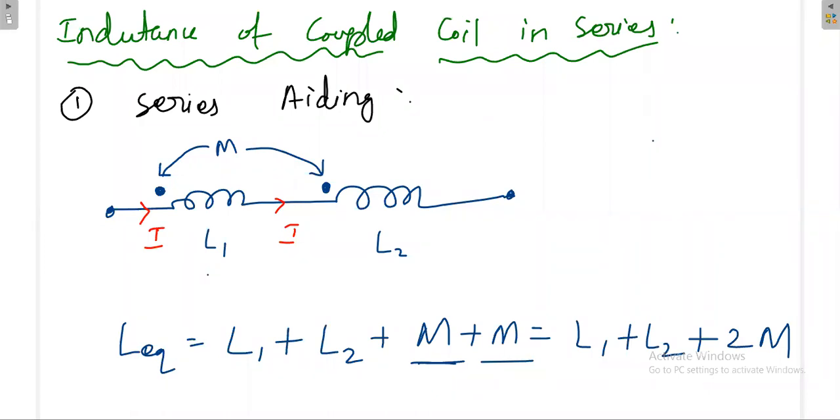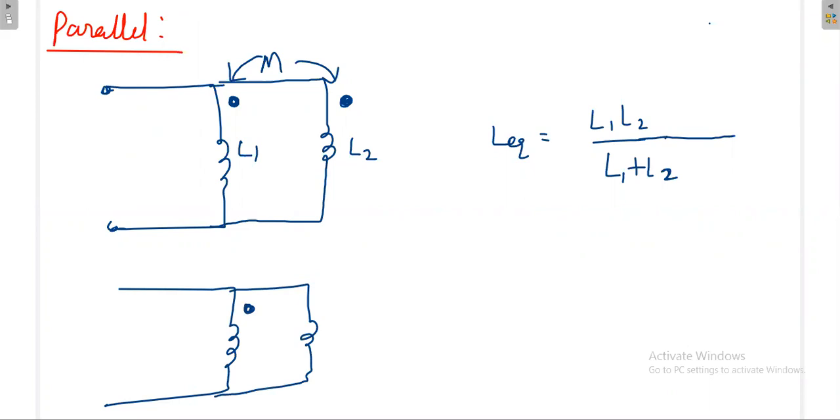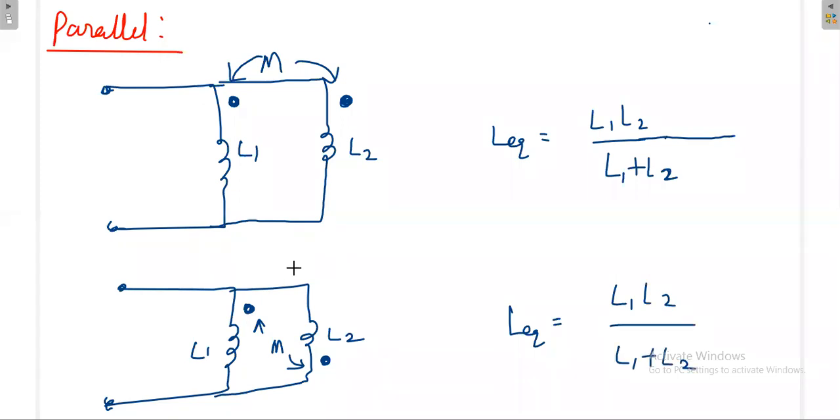Now, here also, the other combination we can also take. It is like one dot at the entering terminal and another dot at the leaving terminal. Now this is the mutual inductance between these two; this is L1, this is L2. If this is the case, then again this is L1 L2 divided by L1 plus L2, and the formula will be modified a little bit. Concentrate on the numerator.